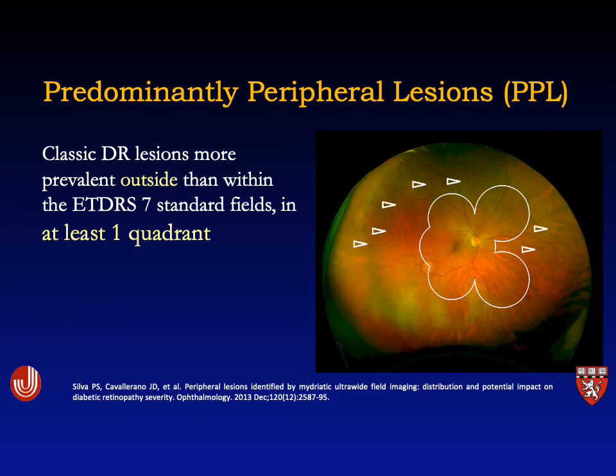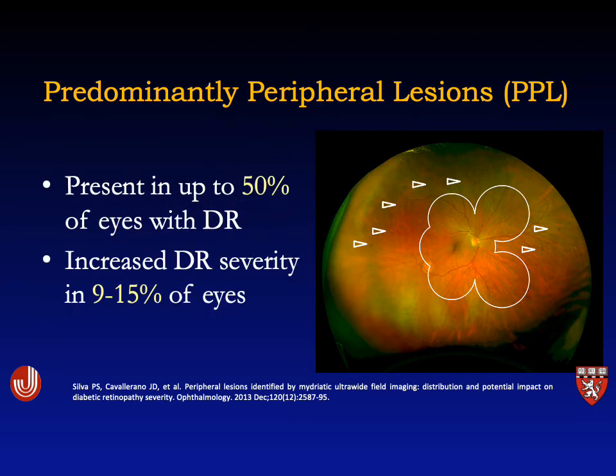And you only need to have this in one field, whether it's field 3 or field 4 or field 5 or field 6 or field 7. You just need one field with more lesions outside the field than inside the field, and that eye would be called so. And these lesions were present in around 50% of eyes with diabetic retinopathy.